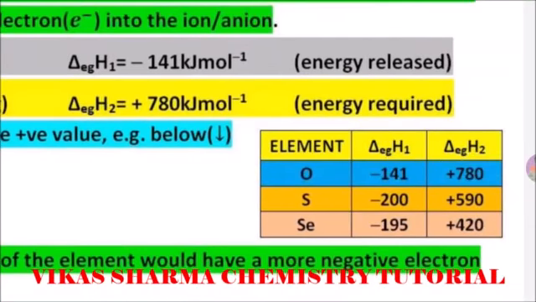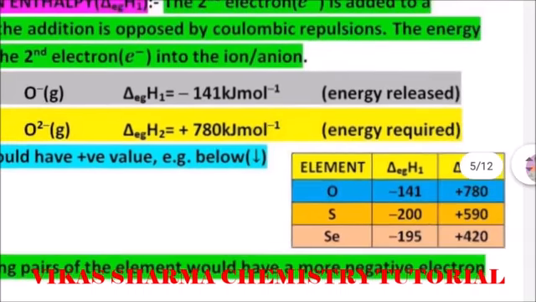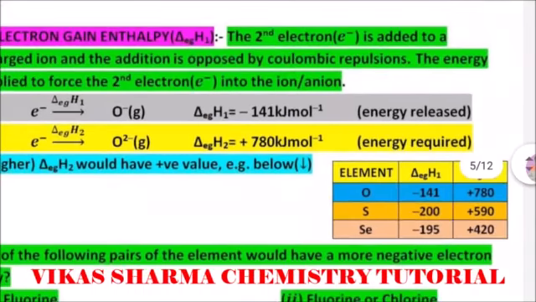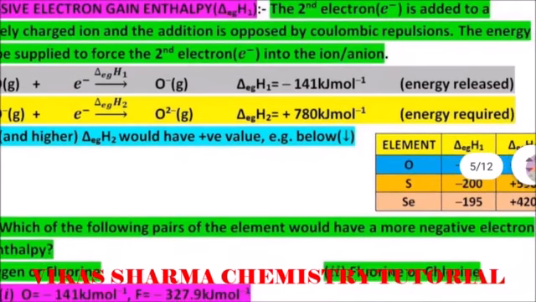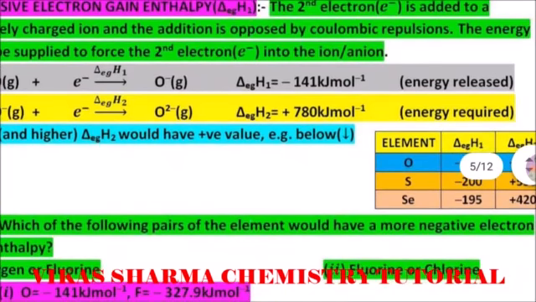This means energy is required in a positive way, whereas delta EgH1 means energy release. Atoms accept an electron easily, but once they become ions, it is difficult to gain a second electron. So the second and higher delta EgH values are positive.